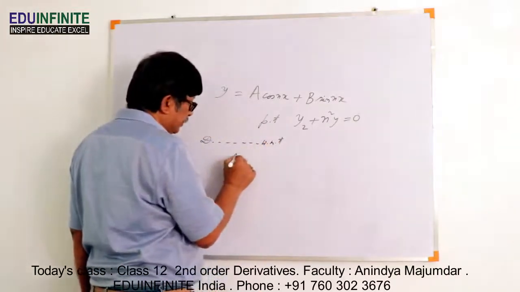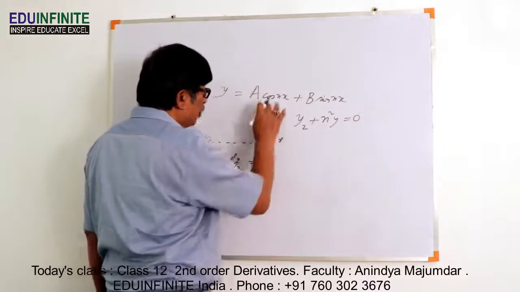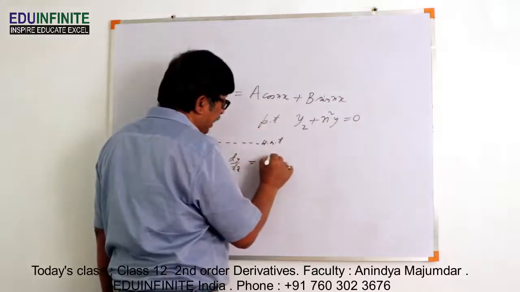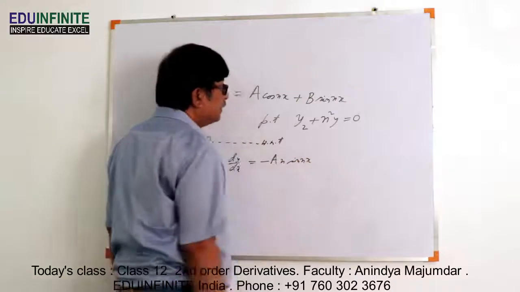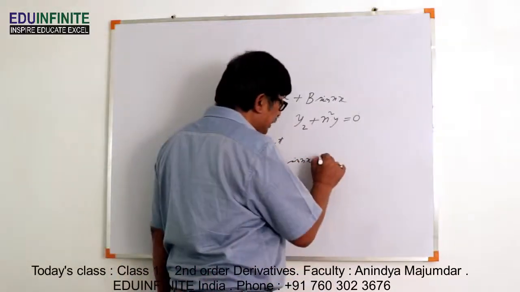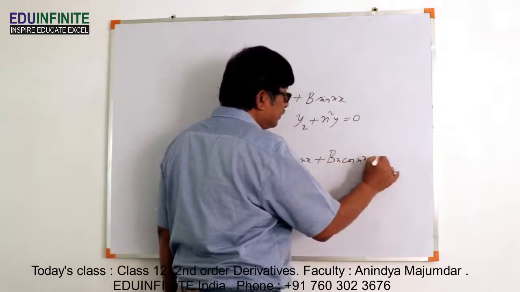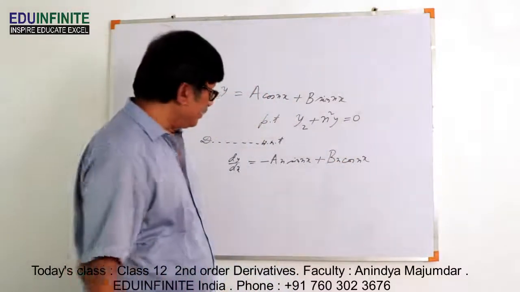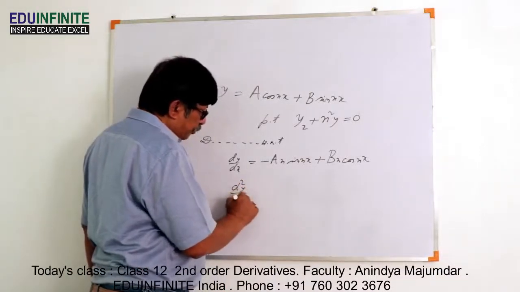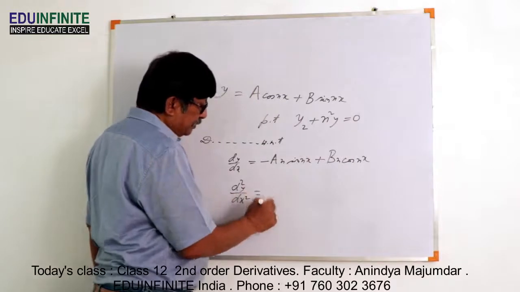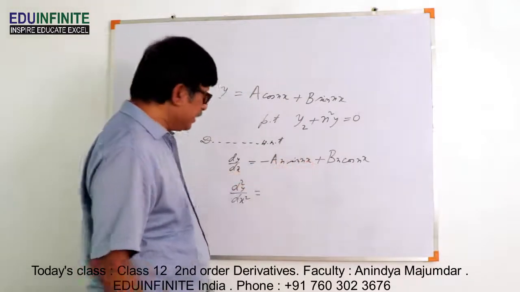We get dy/dx equal to minus a n sin nx plus b n cos nx. Normal differentiation. d2y/dx2, I am to differentiate it for the second time. The differentiation of sin is cos, and of nx is n.